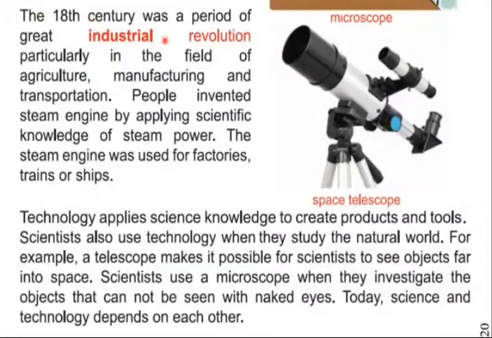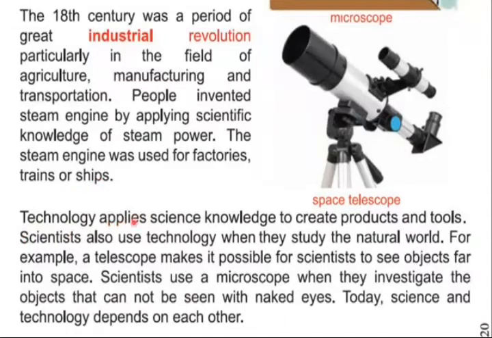The 18th century was a period of great industrial revolution, particularly in the fields of agriculture, manufacturing, and transportation. People invented the steam engine by applying scientific knowledge of steam power. The steam engine was used for factories, trains, or ships.